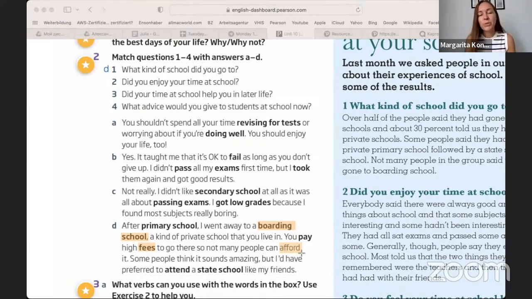So some people think it sounds amazing, but I'd have preferred to attend a state school like my friends. So we can say go to school, but we can be a little bit more official. We can say attend school. We can say attend classes, attend courses.